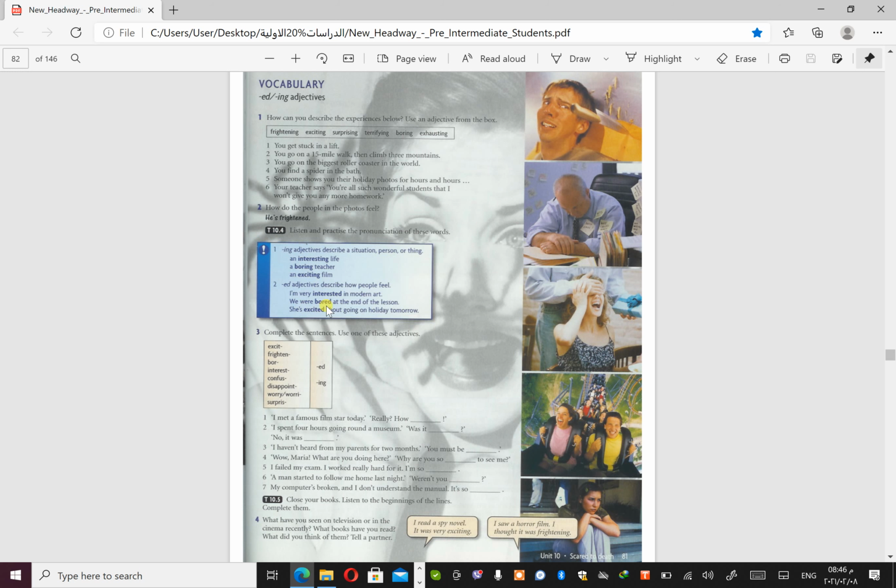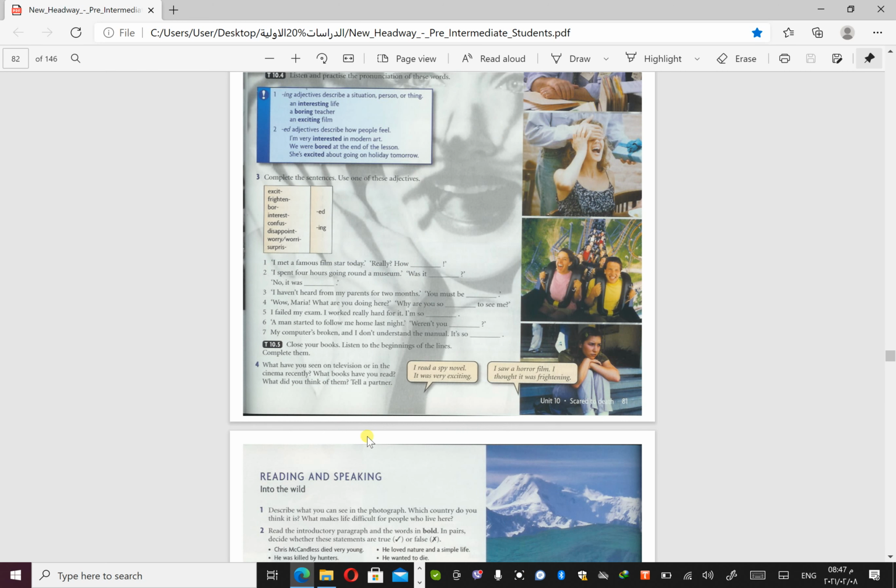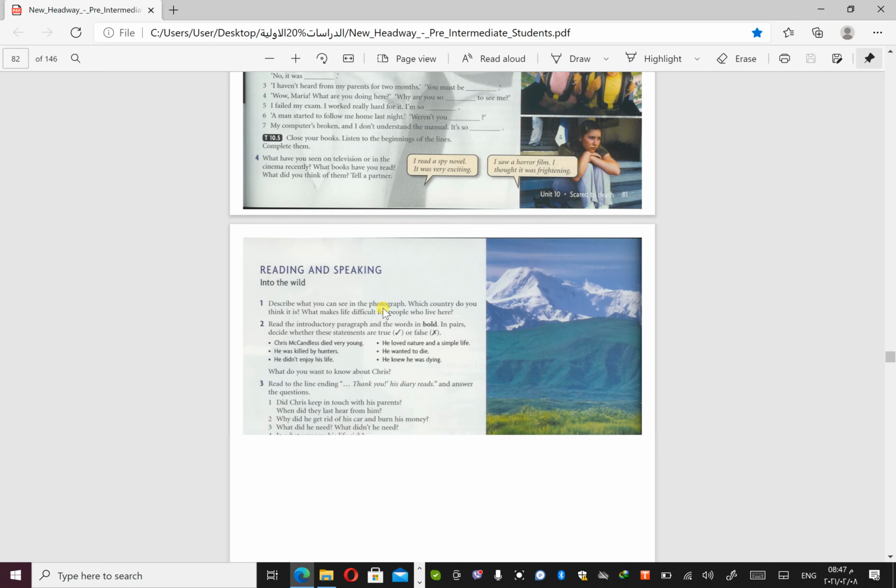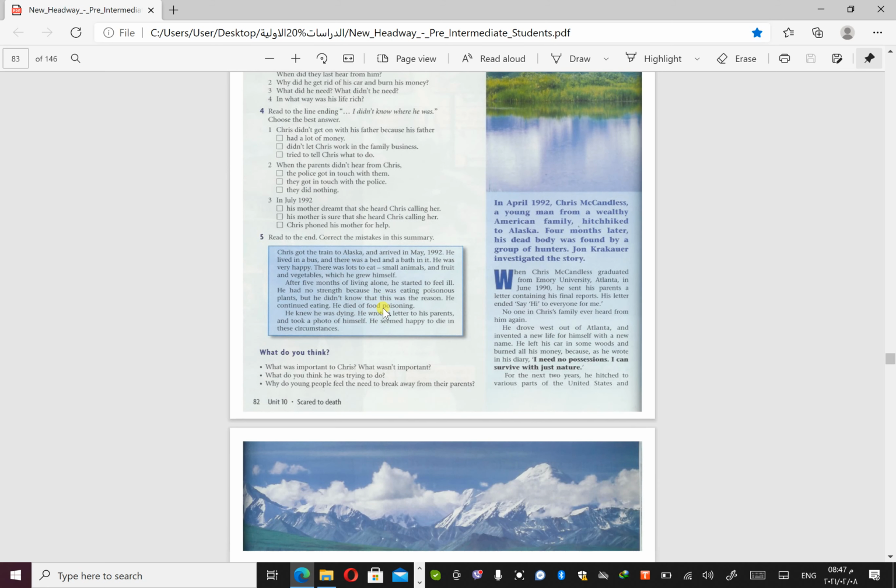We were bored describes emotion as well, and she is excited about going on a holiday tomorrow also describes the feeling. فنخليها ببالنا the ed adjectives describe how people feel, while the ing adjectives describe the characteristic of the person or people. Okay, and feel more than welcome to answer the question on page 81, just to help you remember what we just explained.